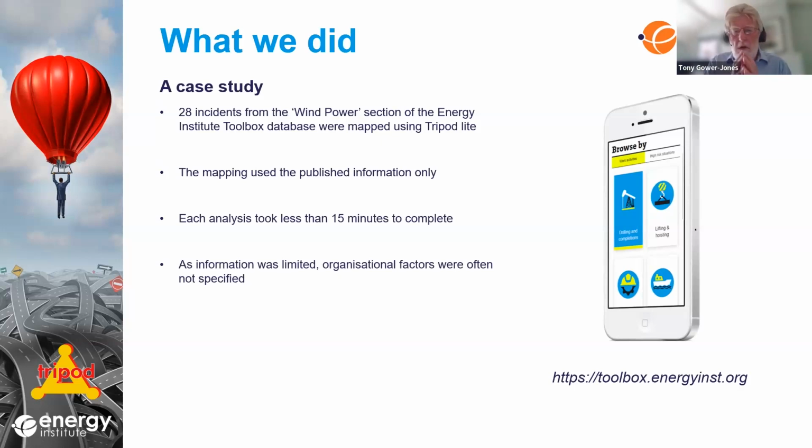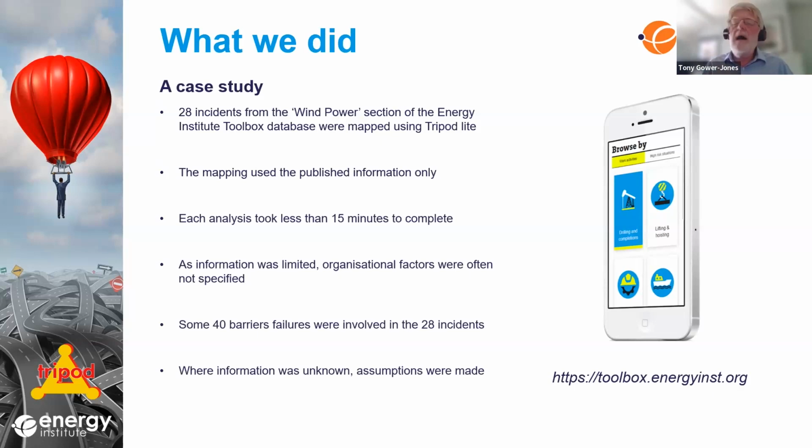Now, it was limited information, and occasional organizational factors weren't specified. There were some 40 odd barriers in those 28 incidents, and where the information wasn't available, we made some assumptions about organizational factors. So the data you're going to see has some assumptions in it, but it's for demonstration purposes only.